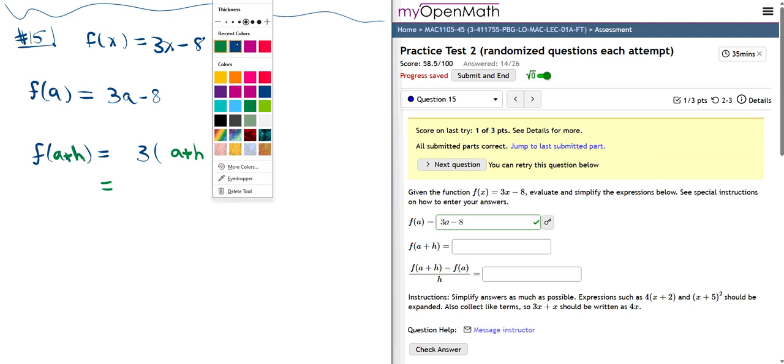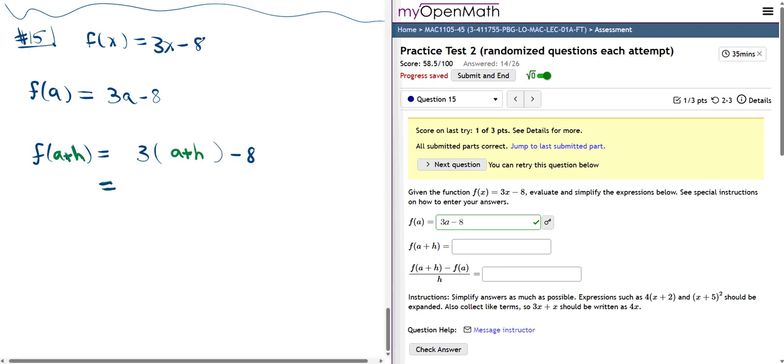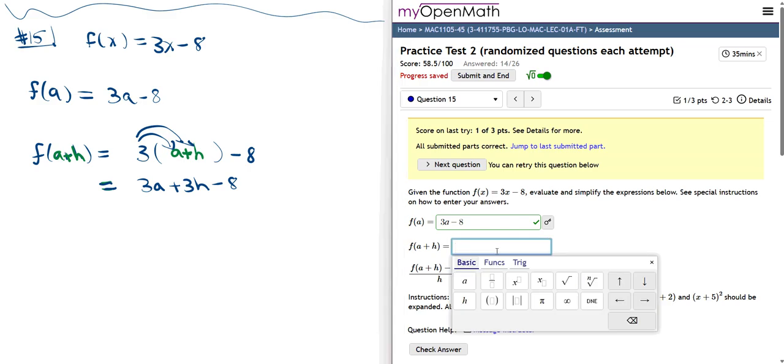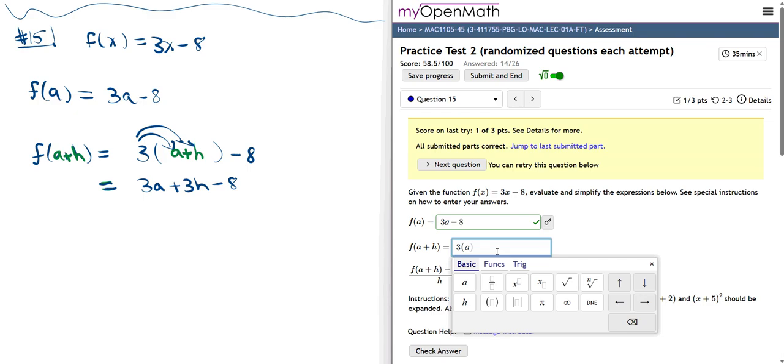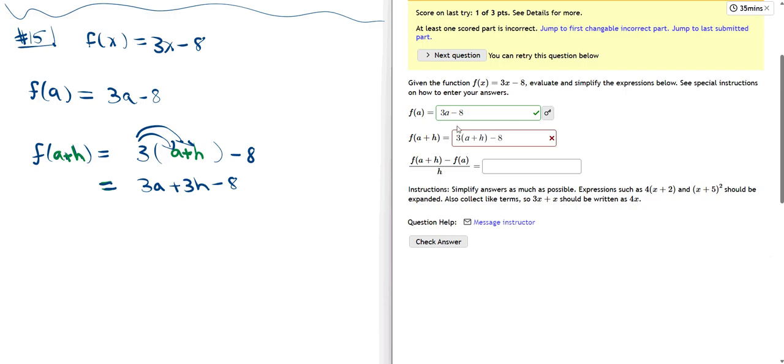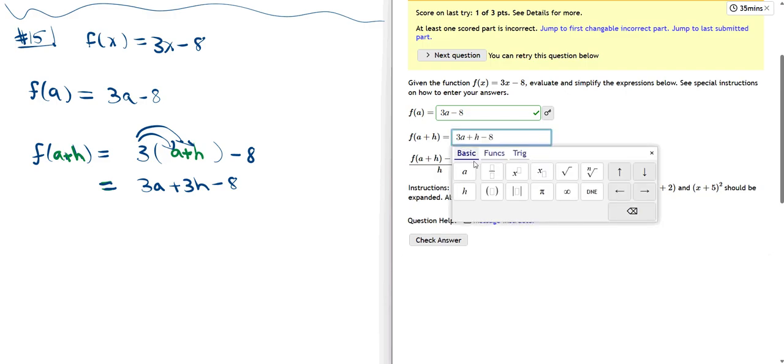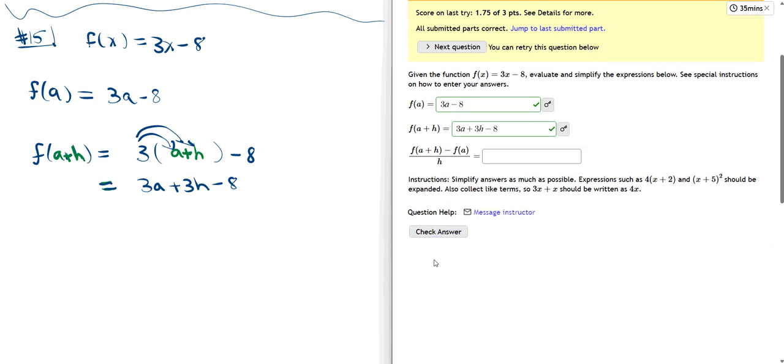So I'm going to do 3 times a and 3 times h minus 8. And that cannot be simplified any further, but just out of curiosity, if I were to put it in like this, would it be okay? No, it did not like that, but if I put the simplified form, it did like that.